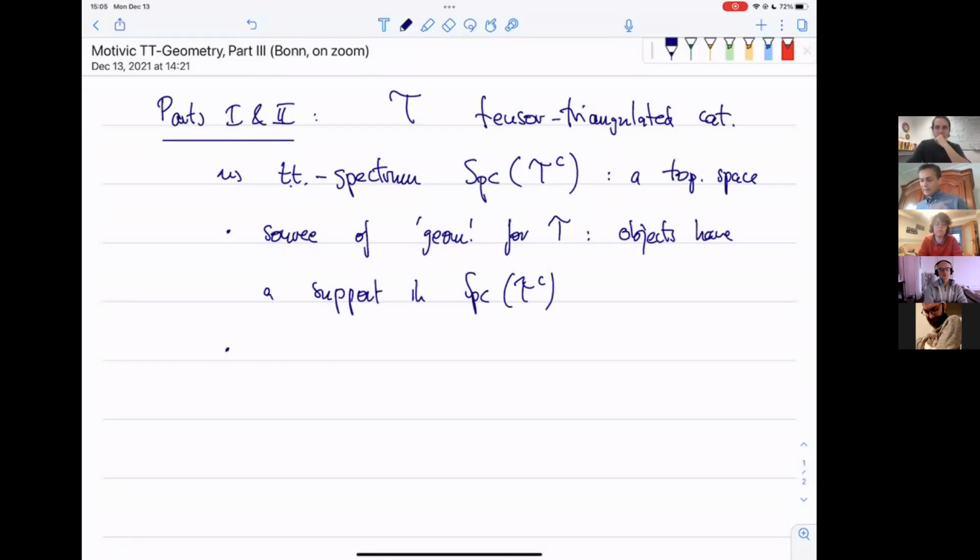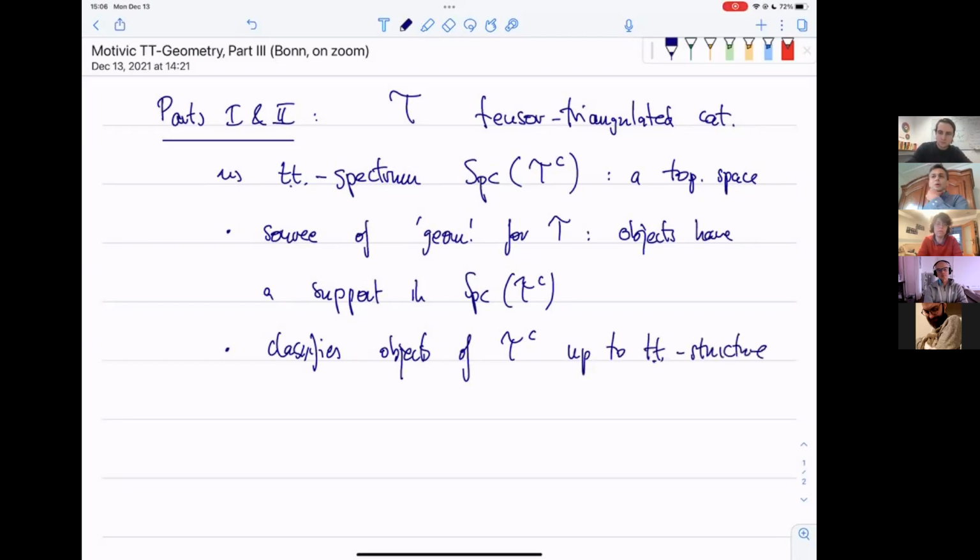Related to that is that this theory of support is very good for the small objects. So it classifies the objects of T^c, so the small ones, not up to isomorphism, because this is not just a category, it's a tensor triangulated category. So up to the tensor triangular structure, what can you build from one object?